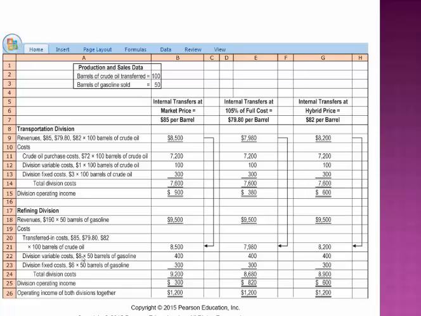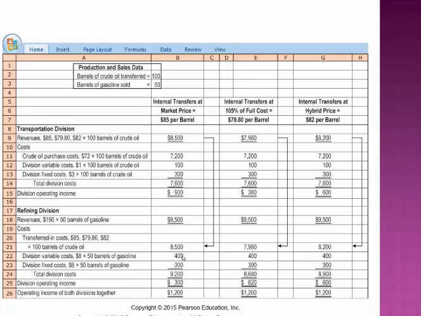We did not take $8 per unit and multiply it times 100 barrels of crude. We're only applying it to the barrels of gasoline actually made. So 8 times 50 equals 400, and 6 times 50 equals 300. So there's our variable cost, there's our fixed cost.